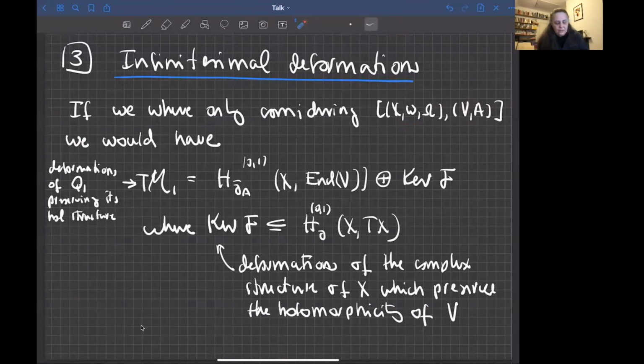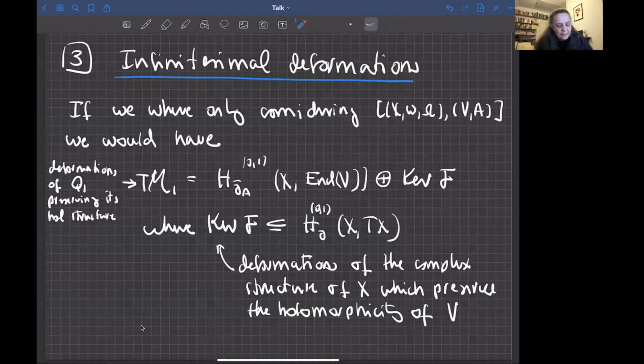A bundle with connection on X. In that case, we were asking about infinitesimal deformations of this structure that preserve the holomorphic structures that we started with, right? So that preserve the structures that we want to have. Then Atiyah will say that you discuss that in terms of deformations of this bundle Q1.